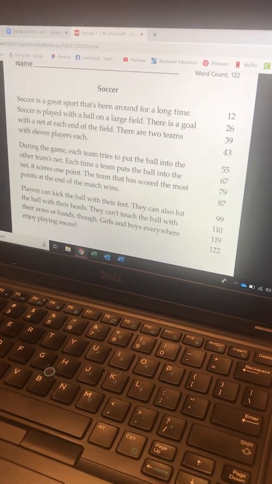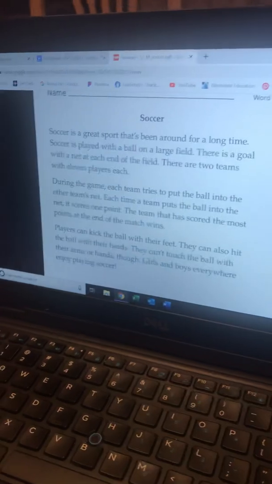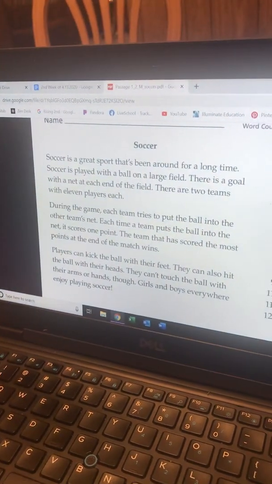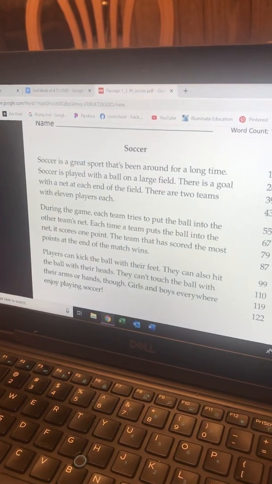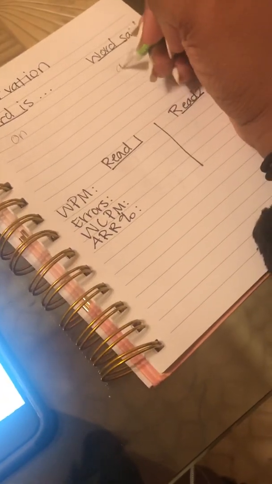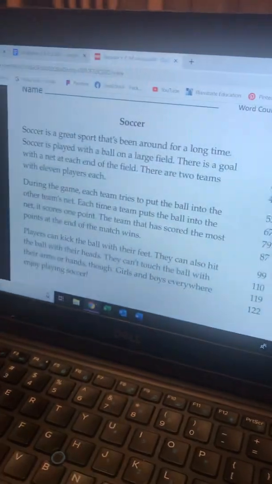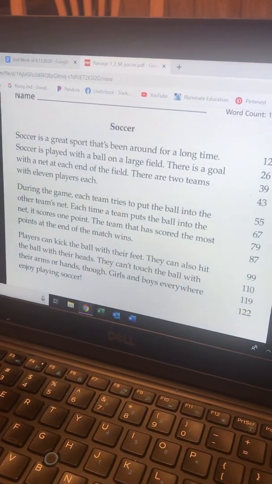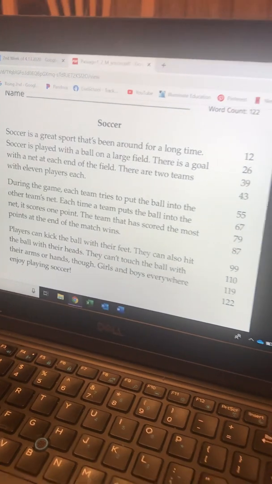Yes. Go. Soccer is a great sport that's been around for a long time. Soccer is played with a ball on a large field. There is a goal with a net at each end of the field. There are 2 teams with 11 players each.